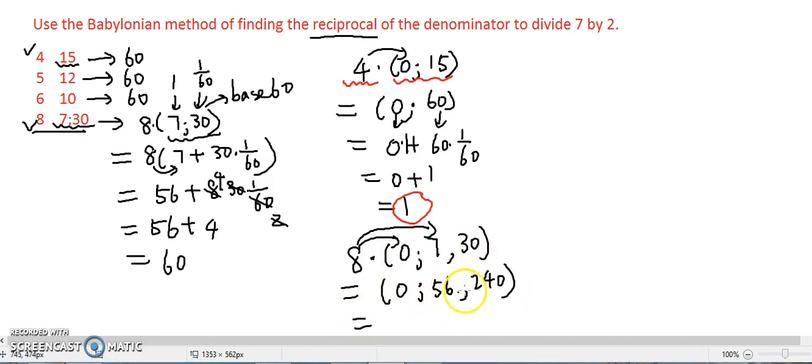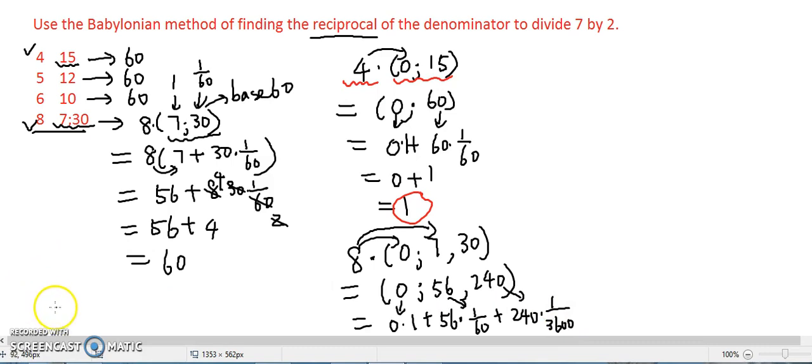Now if I convert this number to our modern number, this has place value 1, so 0 times 1, plus 56 times 1 over 60, and this one has place value 1 over 3600, which is 60 squared. It's just like our modern number system.